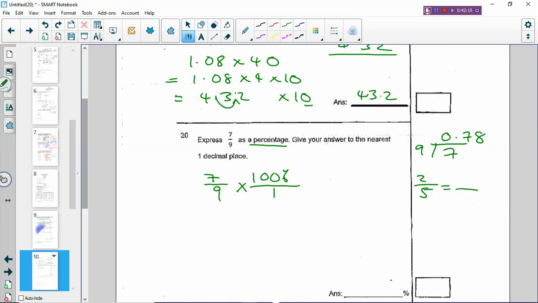I make the denominator 100: 5 times 20, and then 2 times 20, and once the denominator is 100, you can see the percent is 40%. Or you take 2/5, you multiply by 100%, that's the second way, and you will get the same. You divide by 5 and then you will get 2 times 20 is 40% also. So you need to do either one of these ways.